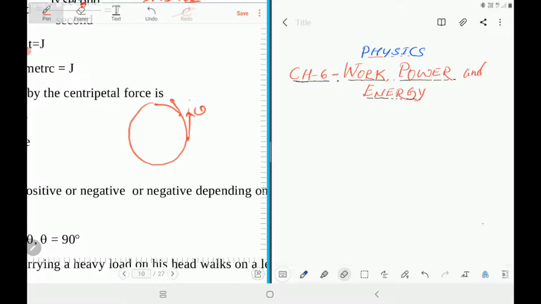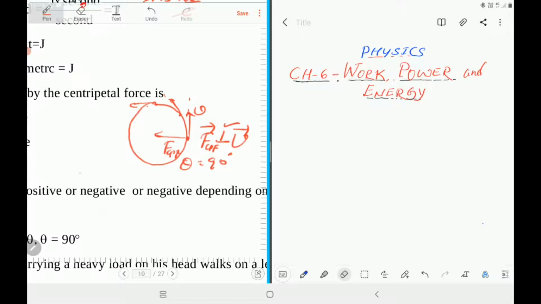It was like this, now like this, now in this direction, continuously changing. Why? Because there is a force which acts towards the center, that is centripetal force, F_CP. Here F_CP and velocity are perpendicular in direction, which means theta is 90 degrees: velocity is tangential, force is radial along the radius.